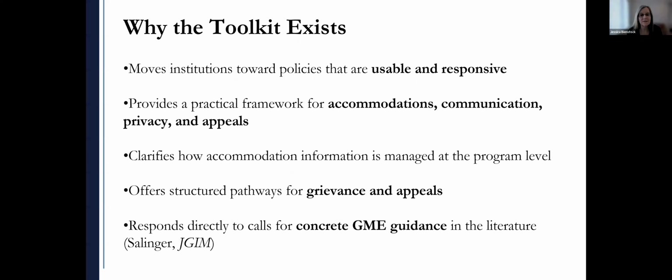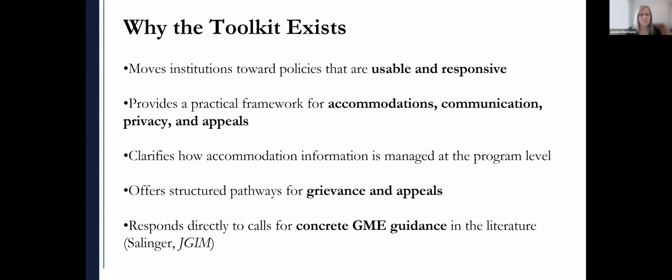So the toolkit was designed to help move institutions beyond minimal compliance and towards policies that are usable, transparent, and responsive to real-world needs. It provides a detailed framework for accommodation requests and examples of communication protocols that clarify how accommodation information should be managed and shared at a program level, balancing privacy with operational feasibility.